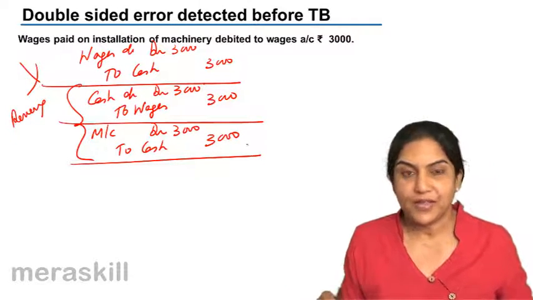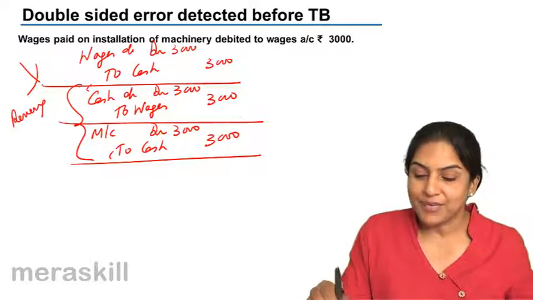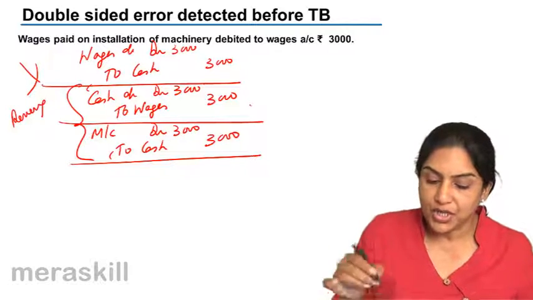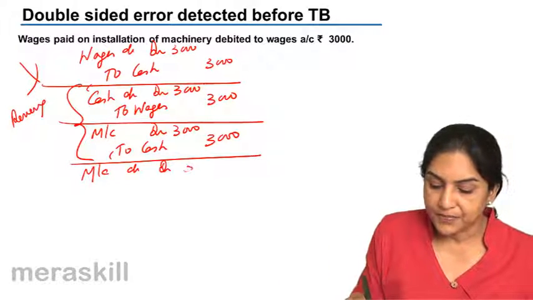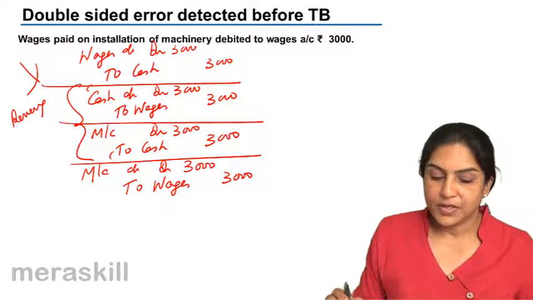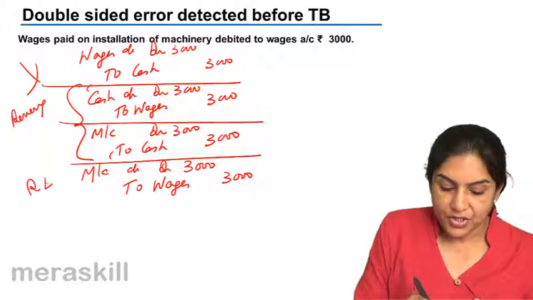So we don't have to do anything with cash. So this is taken care of. Wages account has been credited by 3000. Machinery account has been debited. So machinery account debit 3000 to wages 3000. So this is your rectification entry.